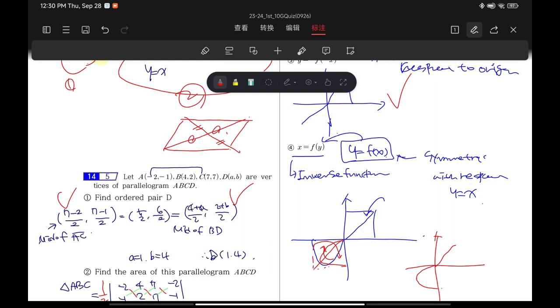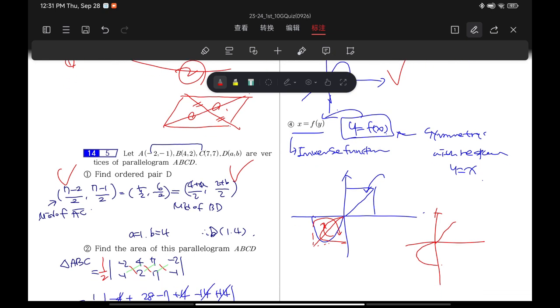In that case, if we switch the x and y positions, then we call the function after the switch the inverse function. So y equal f(x), and if we switch, then x equal f(y). That function is the inverse function of y equal f(x).